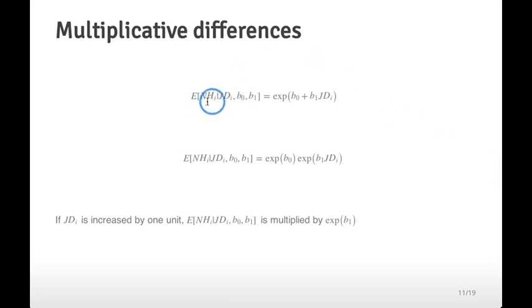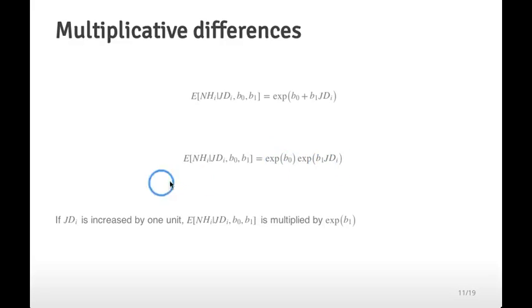Remember that the expected value of the number of hits is equal to e to the beta 0 plus beta 1 JDi. It turns out, because of the algebra of exponential terms, this is equal to e to the beta 0 times e to the beta 1 JDi.